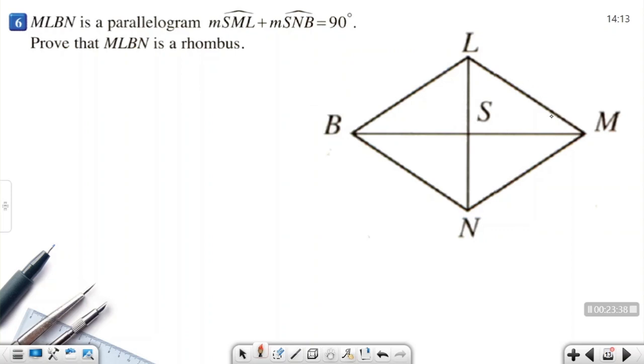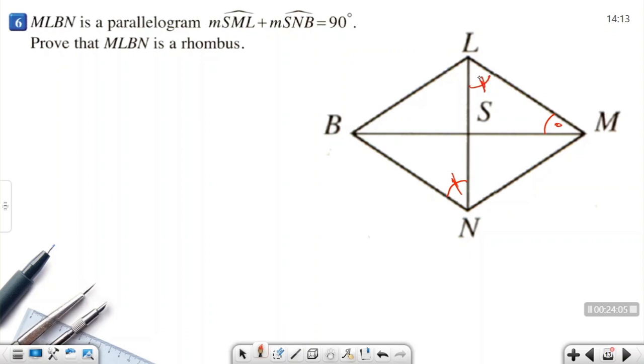MLBN is a parallelogram. So angle SML plus angle SNB, that angle SNL. This angle and this angle are 90 degrees. Prove that MLBN is a rhombus. Let's think about it.